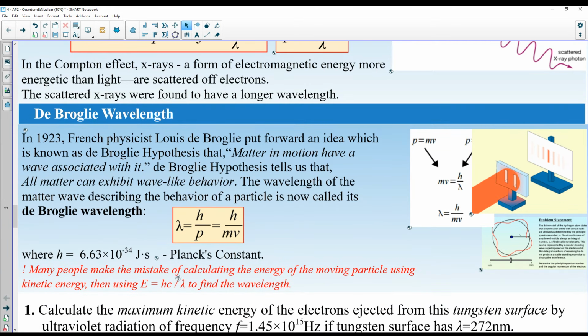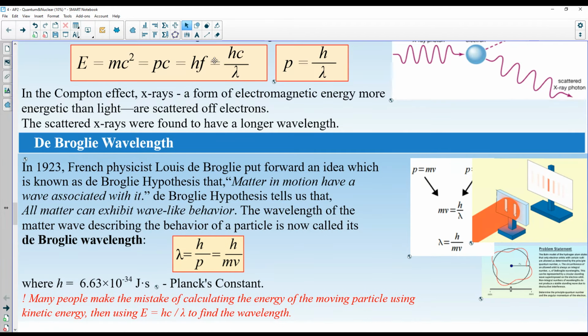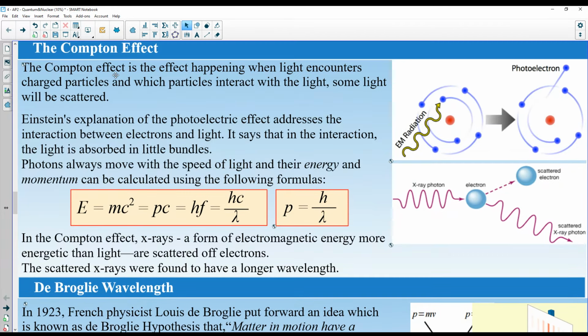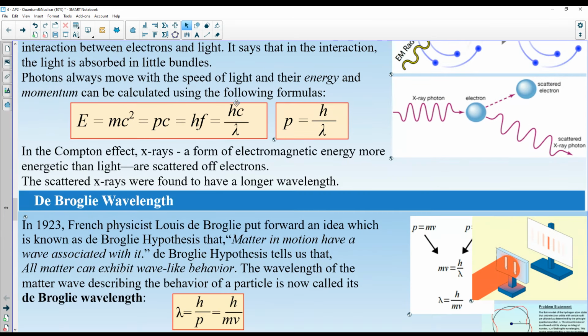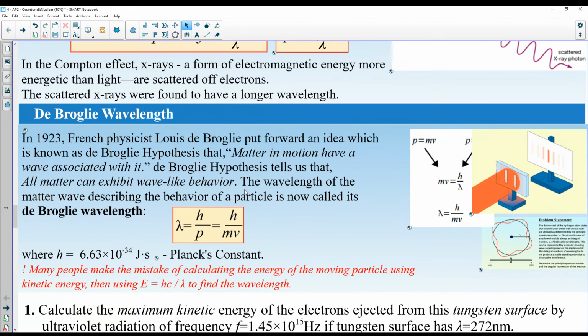Many people make a mistake when they calculate the energy of the moving particle using kinetic energy, but you have to use the energy I just explained above, the relationship of h times f, or pc over lambda.